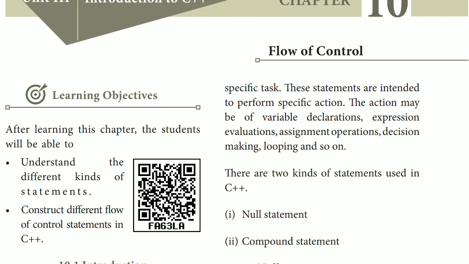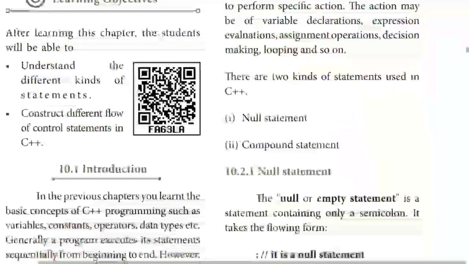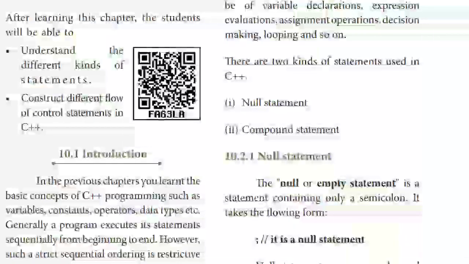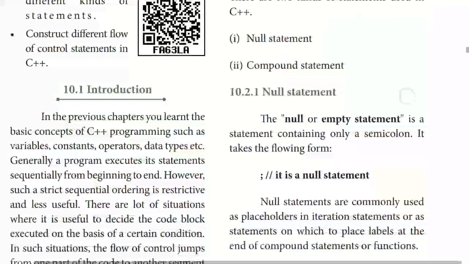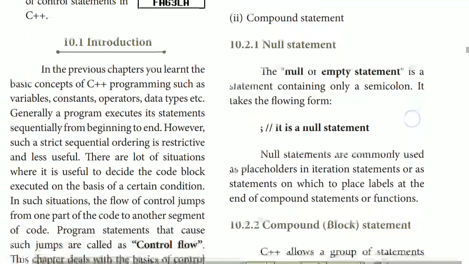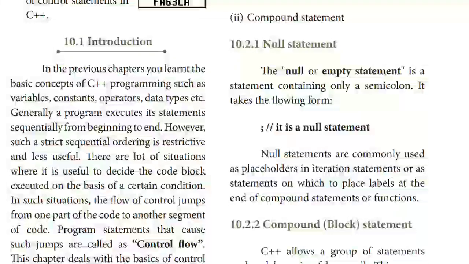There are two kinds of statements used in C++: the null statement and the compound statement. A null statement means the empty statement; it doesn't have anything to do. A null statement is commonly used as a placeholder, a reserved space.